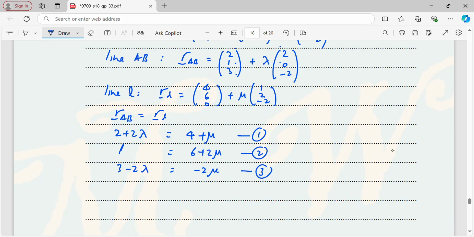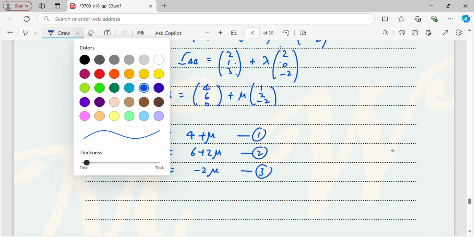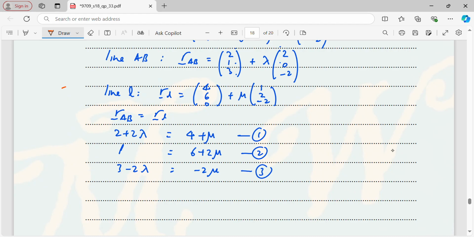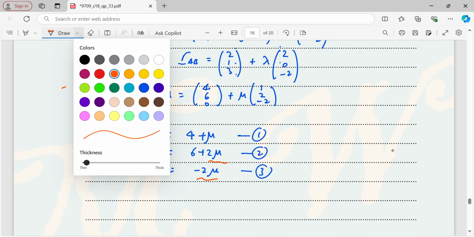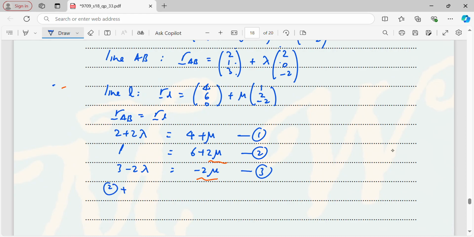Okay, so from here, I will solve the second and third equation. Basically here is plus 2 mu, this is minus 2 mu. So to eliminate the mu, I will just add these 2 equations. So I will write second plus third.